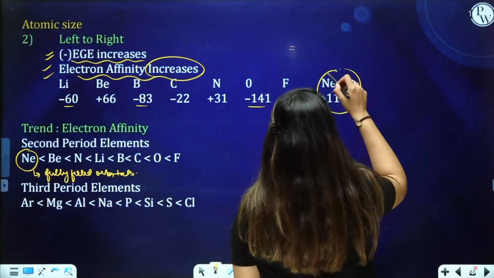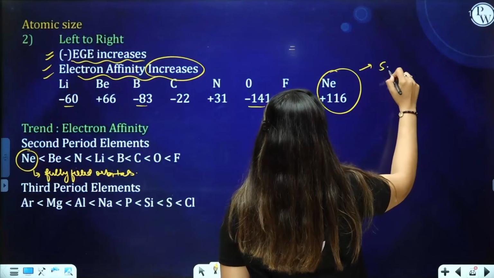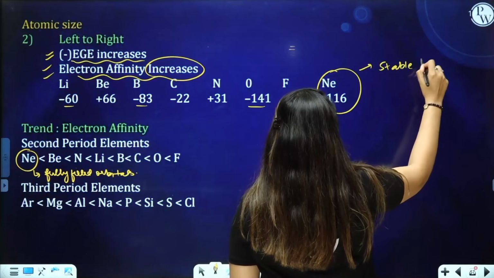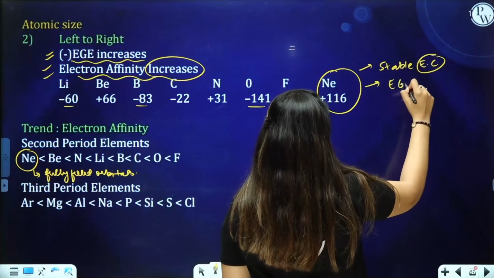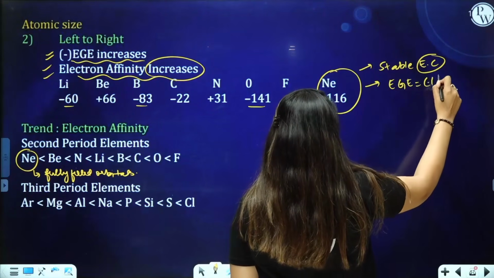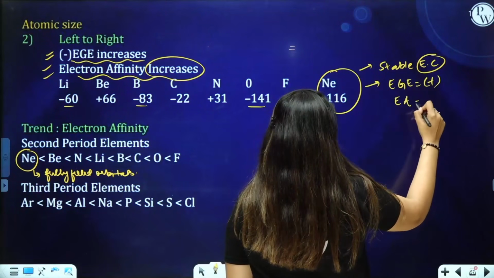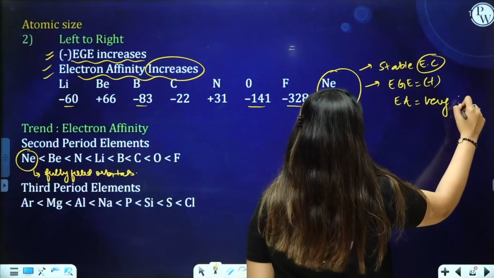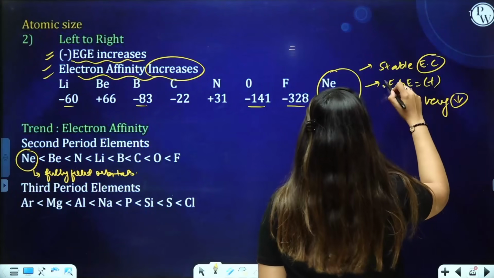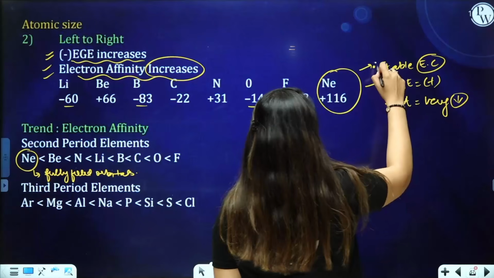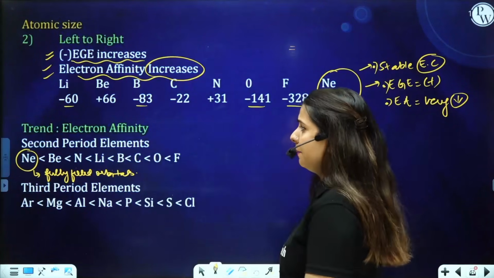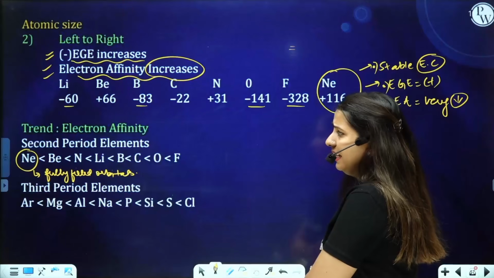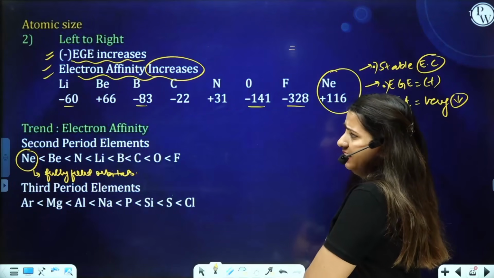They have stable electronic configuration. Their electron gain enthalpy is always positive. Their electron affinity is very low. That means they have very little tendency to accept the electrons. Now moving towards beryllium, then nitrogen, then lithium, and all these elements.